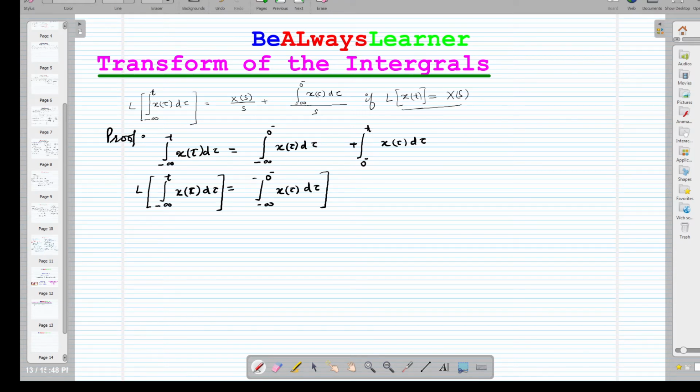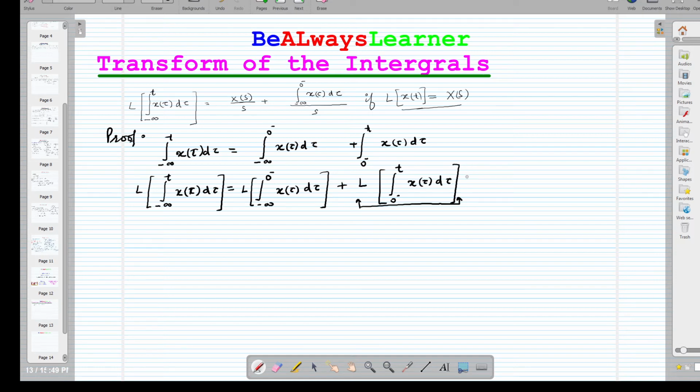plus, with the help of the linearity property, we can write it like this: the integral from 0 negative to t of x(tau) d tau. That's how we can write it. Fine. So here we can find out the Laplace transform of this term.